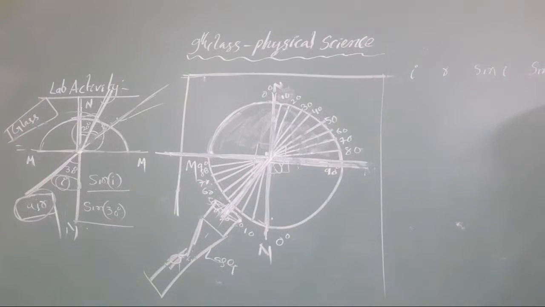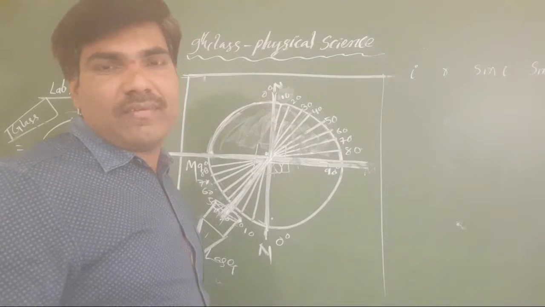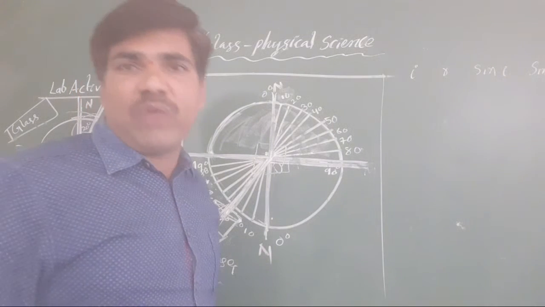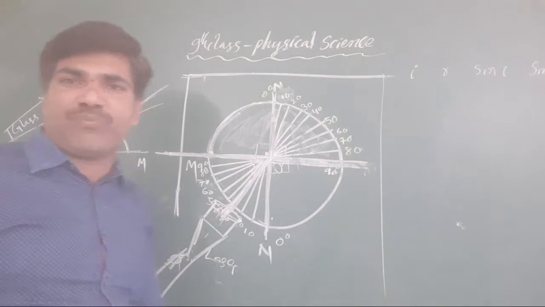Automatically, the ratio we take between sin i and sin r is compulsorily equal to n. You know very well, what is n? Okay, now n is taken as the refractive index.